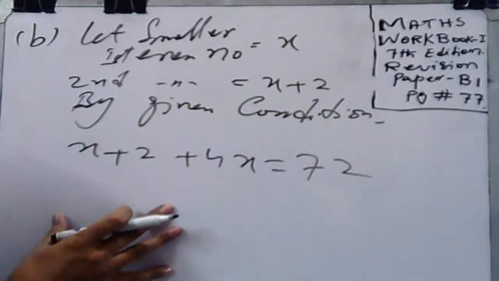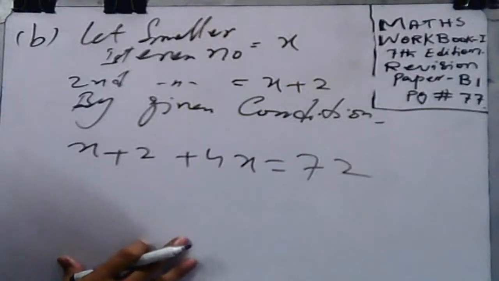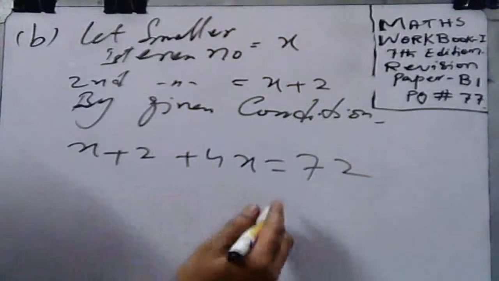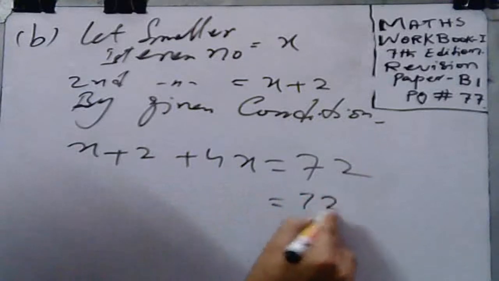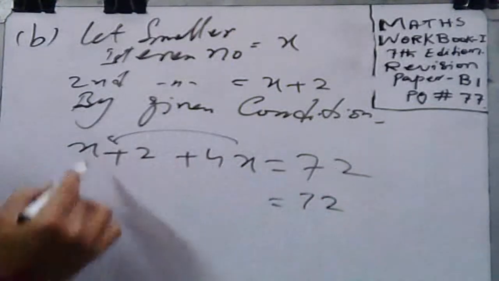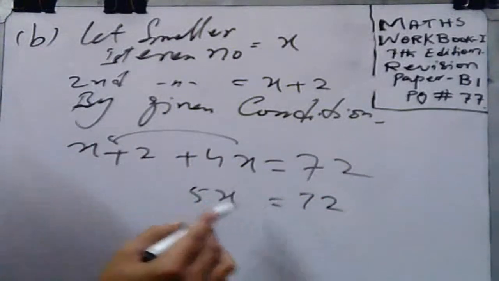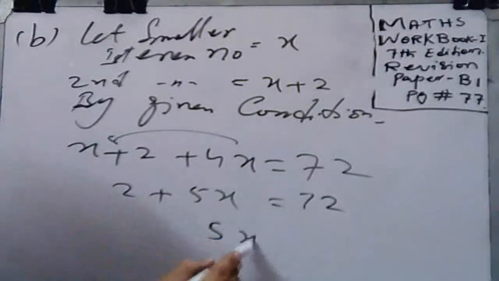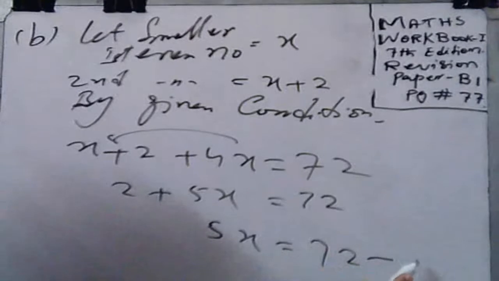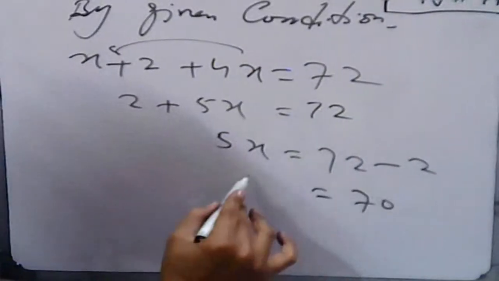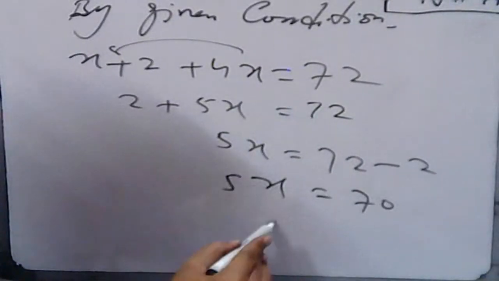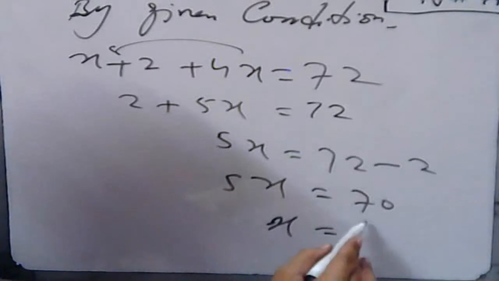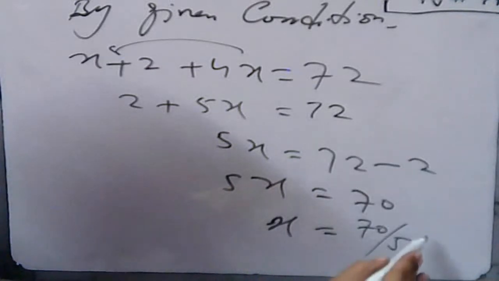How can we find the number? After simplification you will get 5x plus 2 is 72. So 5x is equal to 72 minus 2, 70. So the value of x is 70 divided by 5, which is 14.